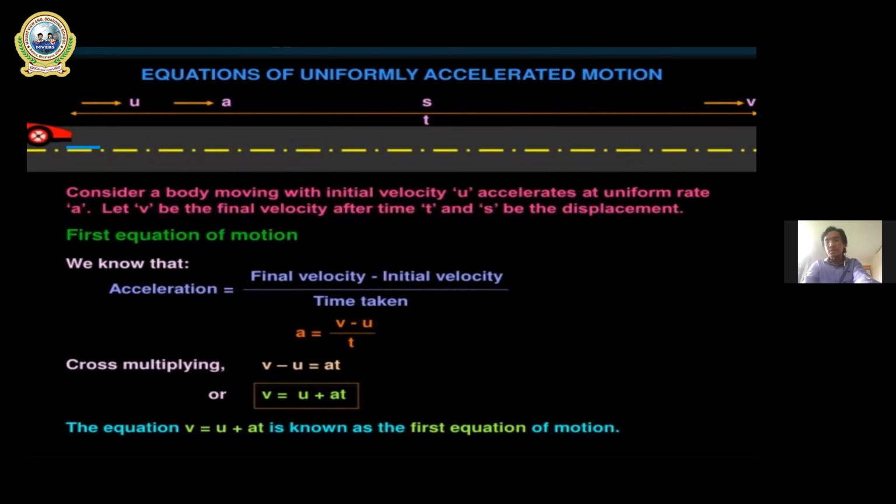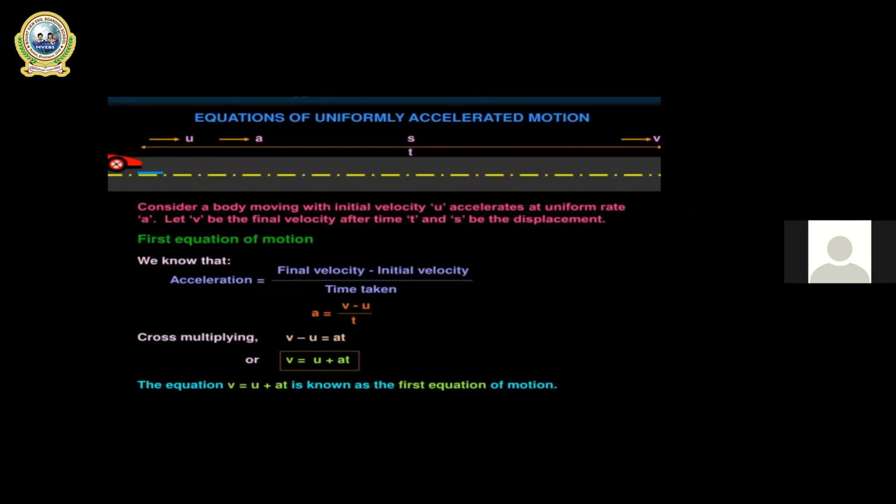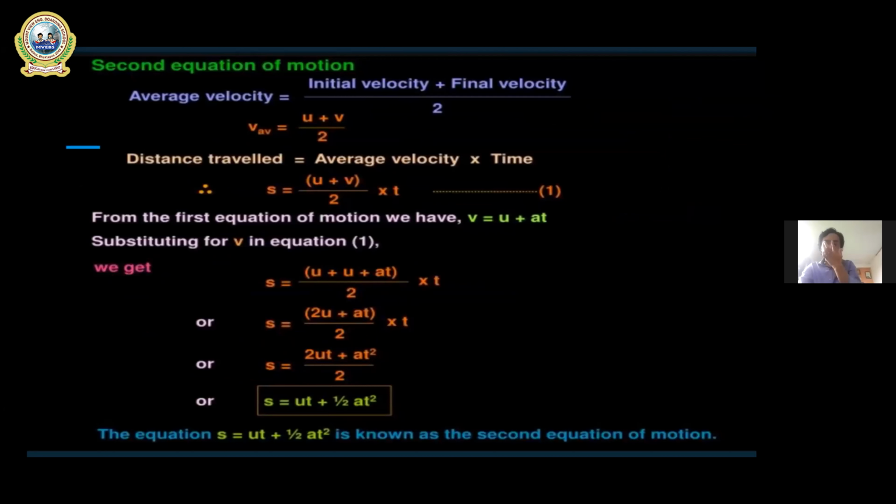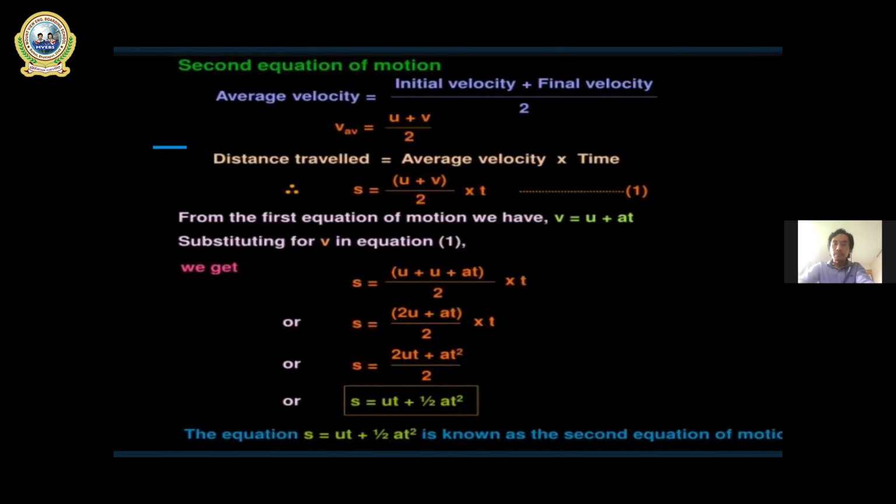So did you finish, class 9? Now this is the second equation of motion. If you are asked to prove s equals ut plus half at square, this is another equation of motion.